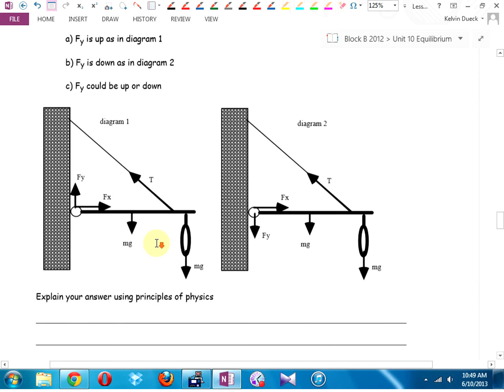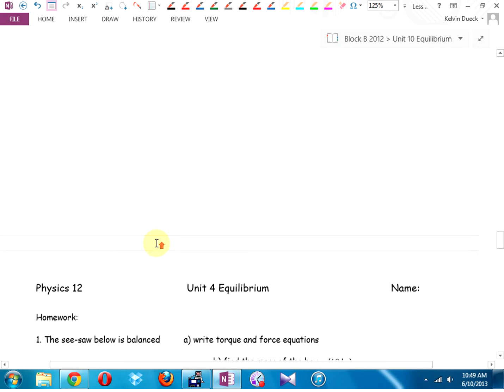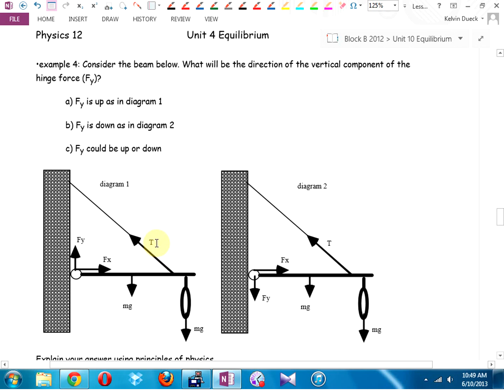Okay, turn the page. It says, consider the beam below. What will be the direction of the vertical component of the hinge force Y? I think I've already told you it's got to be that one there. The reason is, if you imagine the pivot right here, you have nothing preventing this from turning clockwise or counterclockwise.